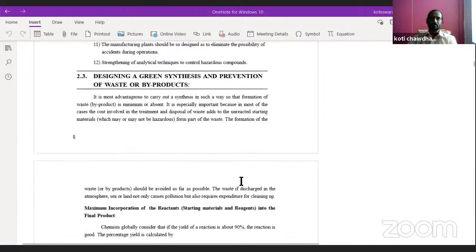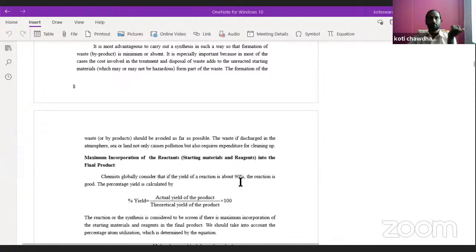Okay. Next, designing a green synthesis and the prevention of waste or byproducts. Not only in green chemistry, but also in conventional synthesis of any compound, we need to reduce the byproducts and waste along with the required product. Whenever a byproduct is formed in a reaction, it also decreases the yield of the desired product.